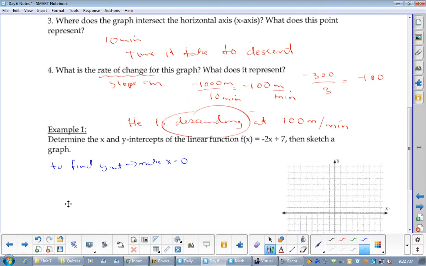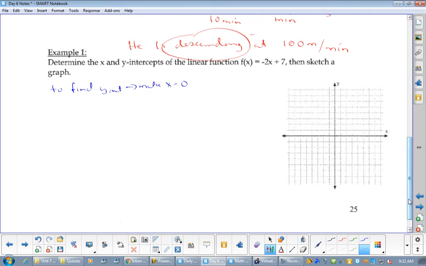So here is what I'm trying to say. I've got f of x, which is the same thing as y, right? So if I said y equals negative 2x plus 7, and you want to find the y-intercept, make x equals 0. Then we'll just go y equals negative 2 times 0 plus 7.